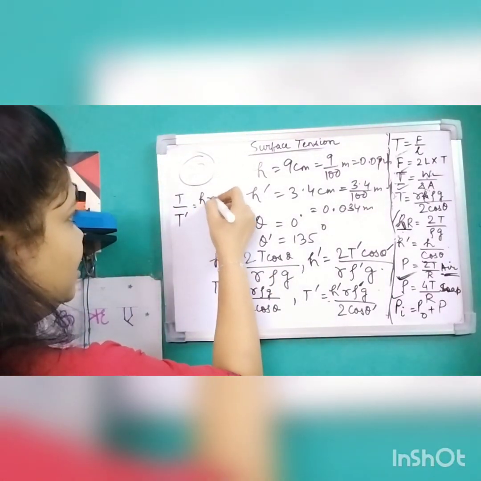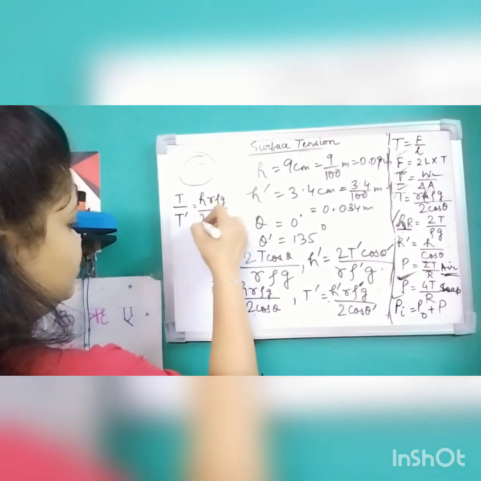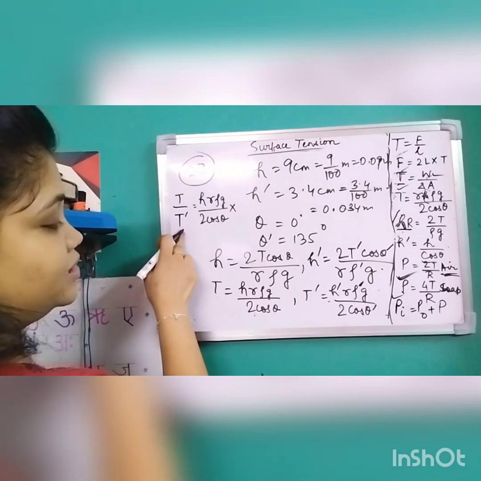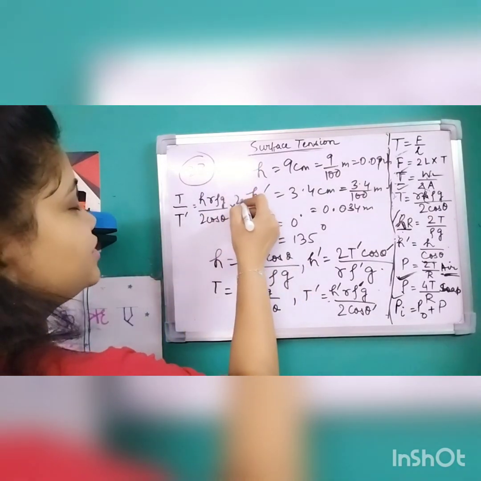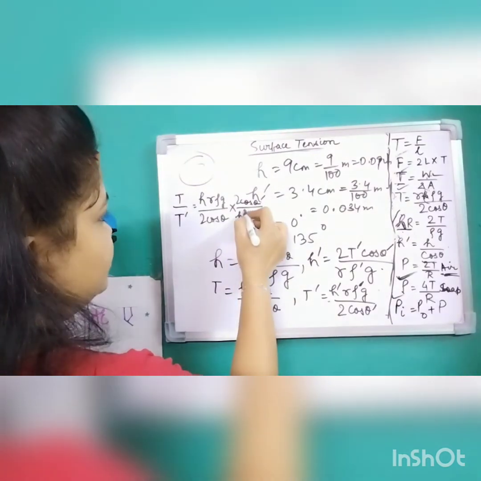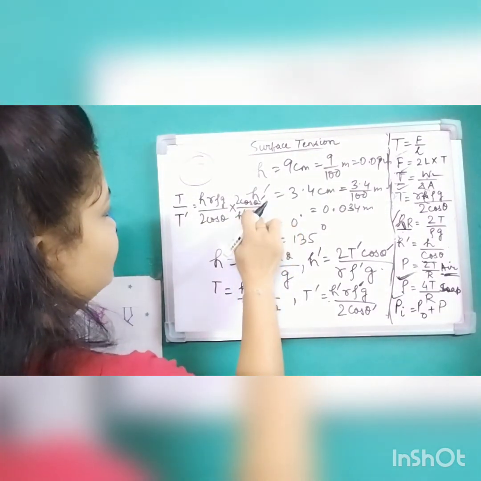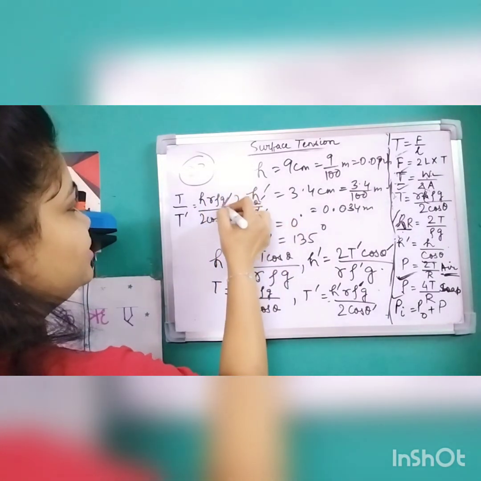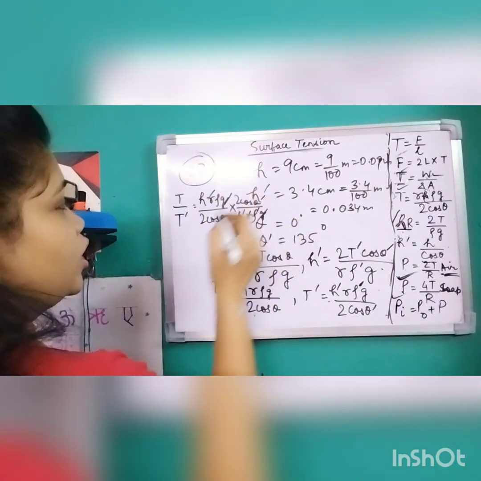So T by T dash equals H R rho G by 2 cos theta, into, now this term as it is in the denominator, it will just get rolled over and become 2 by H dash R rho dash G cos theta dash. Okay, G gets cancelled, R gets cancelled. What are we left with?